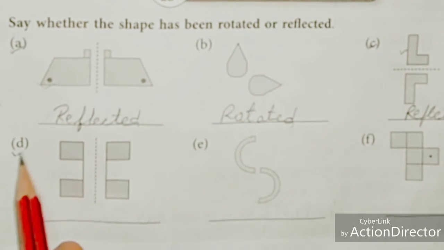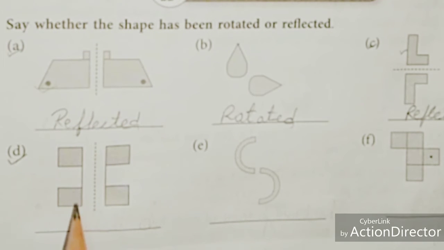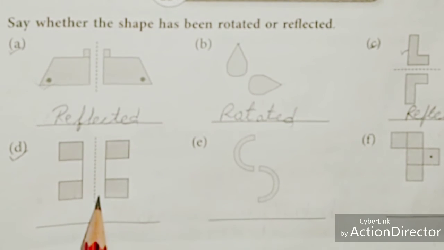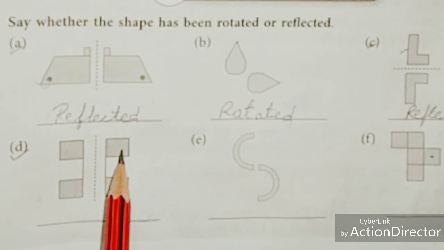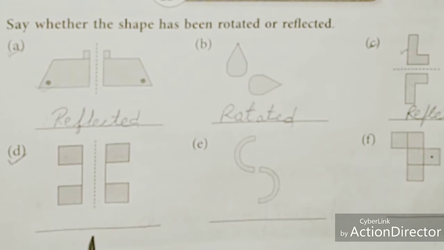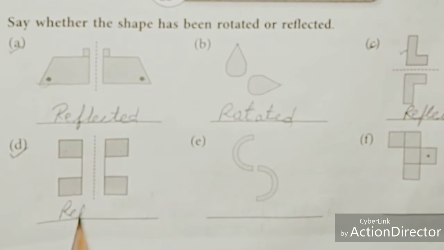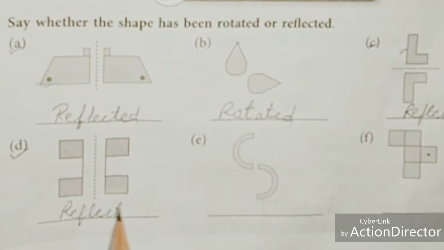Now example number D. This shape after the mirror line looks like this and shifts from this side to this side. So we say that this shape is reflected.